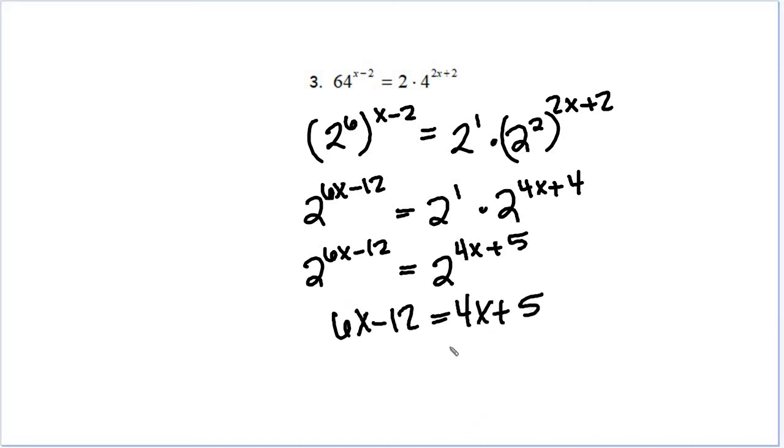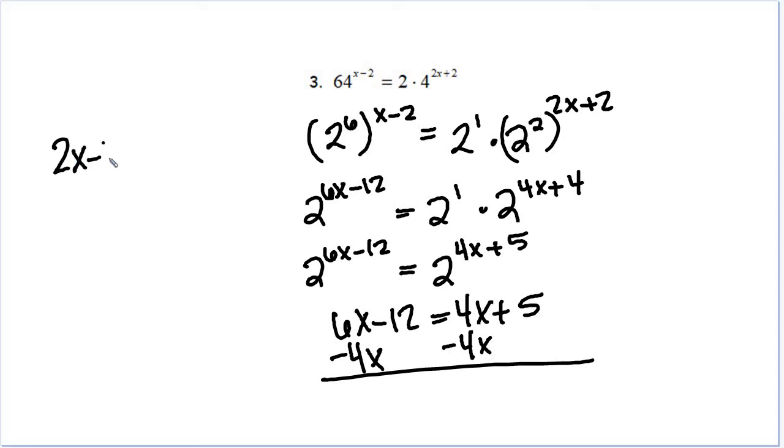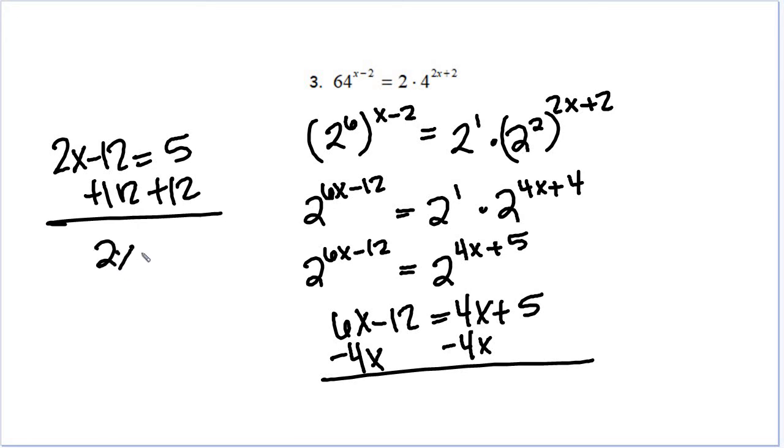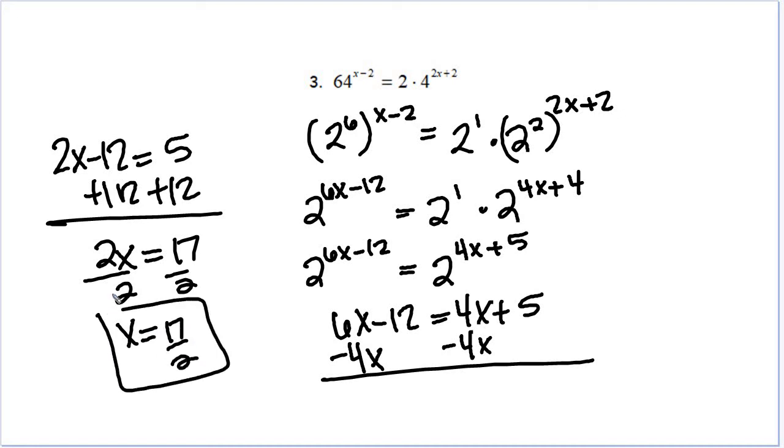Now there's multiple ways that you can start this. Personally, I'm going to subtract 4x on both sides, and I get 2x minus 12 is equal to 5. I'm going to add 12, so I get 2x is equal to 17, divide by 2, and x is equal to 17 over 2.